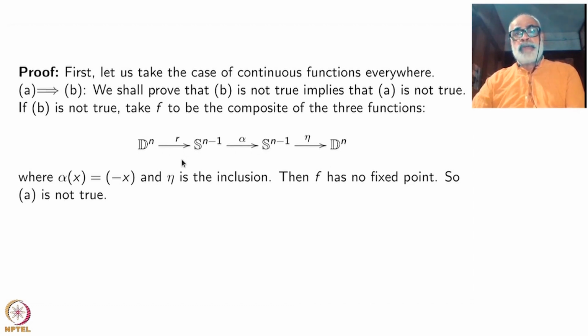So identity x goes to minus x here. Okay. So fx cannot be minus x. Okay. Fx cannot be equal to x. So that's all. So there are no fixed points for this composite function. So that's a contradiction, that is denying A. So that means not B implies not A, which is the same thing as A implies B.